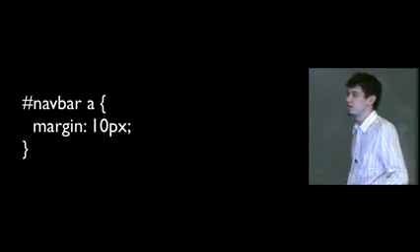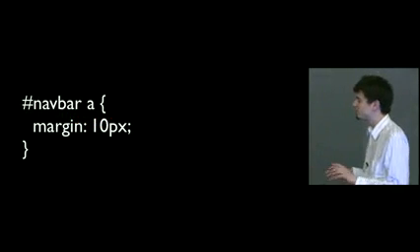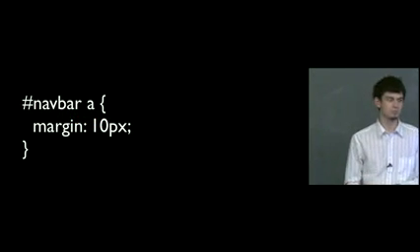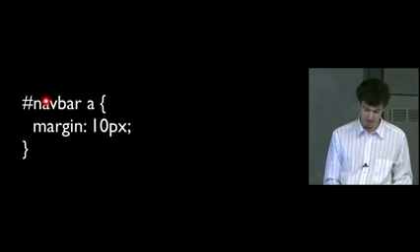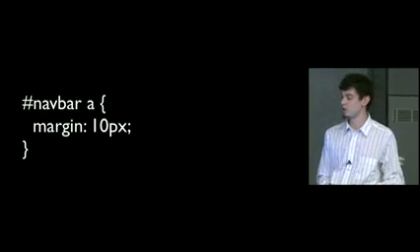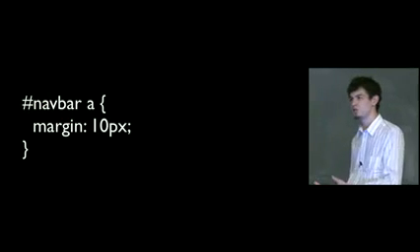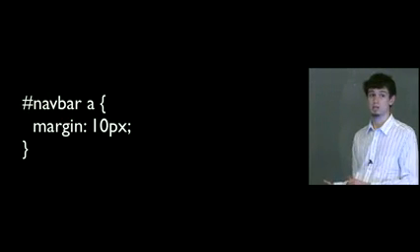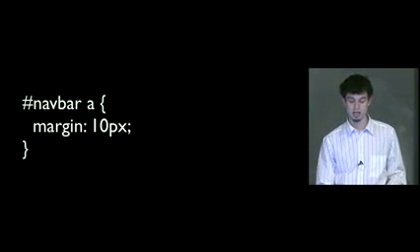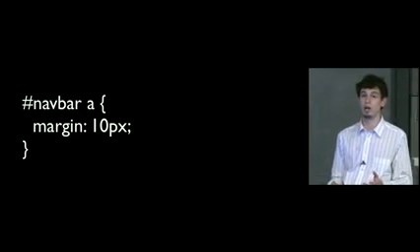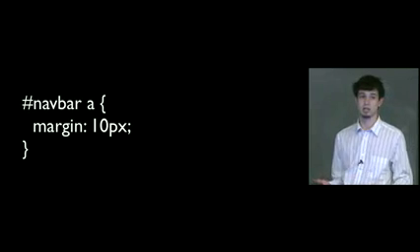So what this is doing is we're kind of narrowing down our selection. So what we just said here is the first thing we want to select is this thing with an ID of navbar. So inside of that navbar, that navigation bar, we probably have a set of links, right? If we look back to the web page we just created, we had a UL, and inside of that UL were some A tags that were actually links.